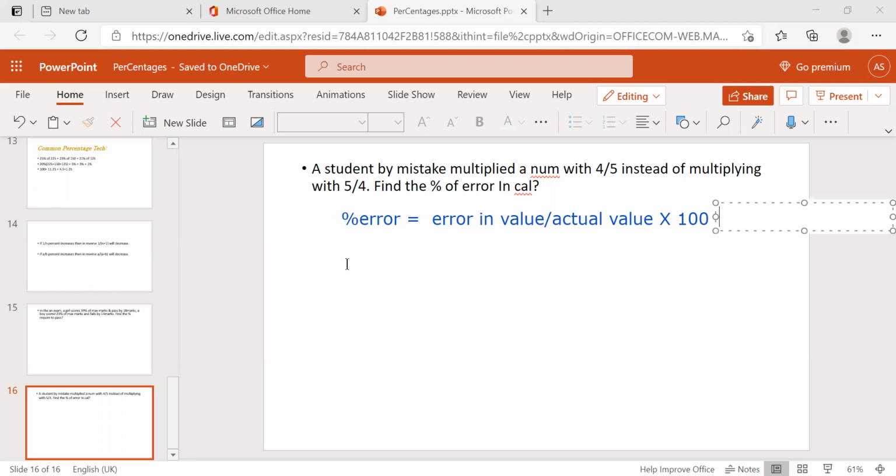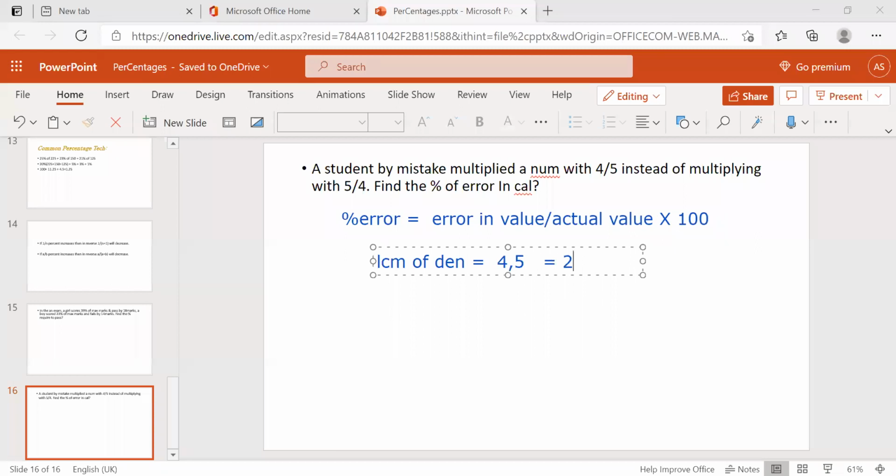What's the LCM of the two? 4 and 5, LCM, guys, 20, right? Okay, 20. So I am assuming the number is the LCM of the denominators, 5 and 4.